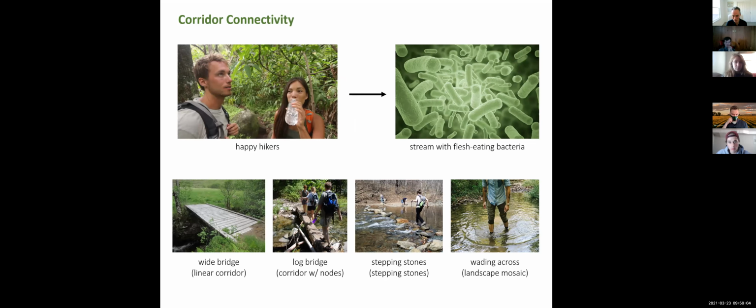You might fall off, but it's still better than having to cross the stream without a corridor. And then you have stepping stones, a little bit more risky, right? A little bit higher chance that you might fall in. And then finally wading across, which is the equivalent of the landscape mosaic, where you're just going for it and taking your chances and hoping for the best.